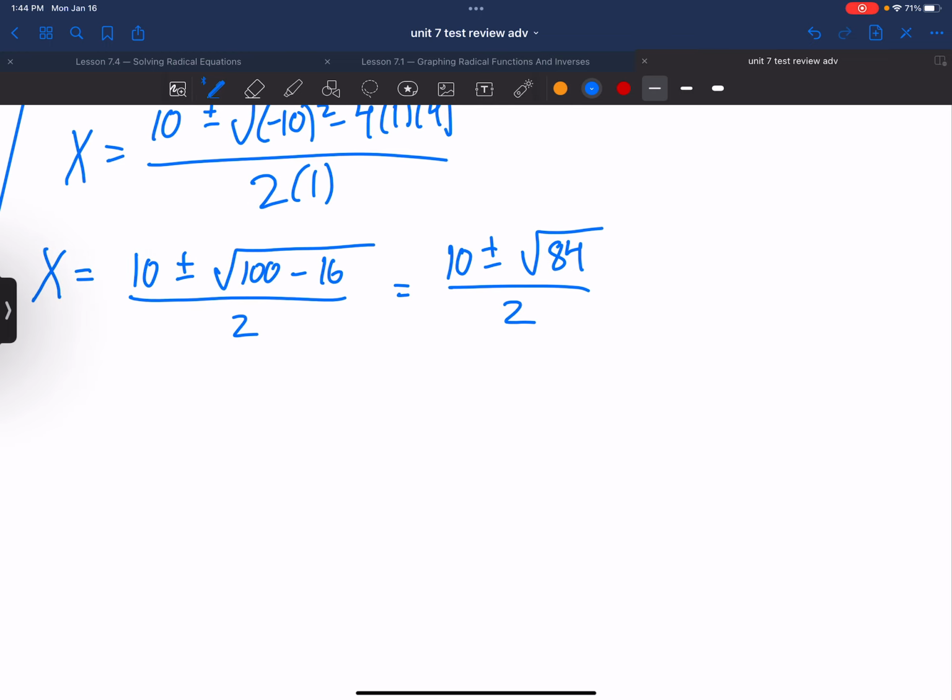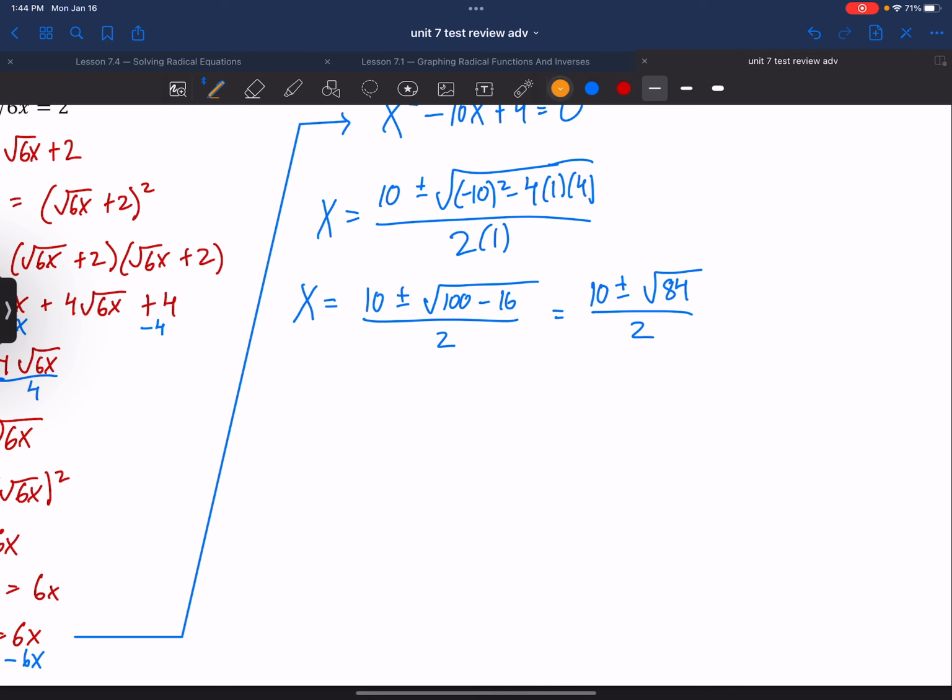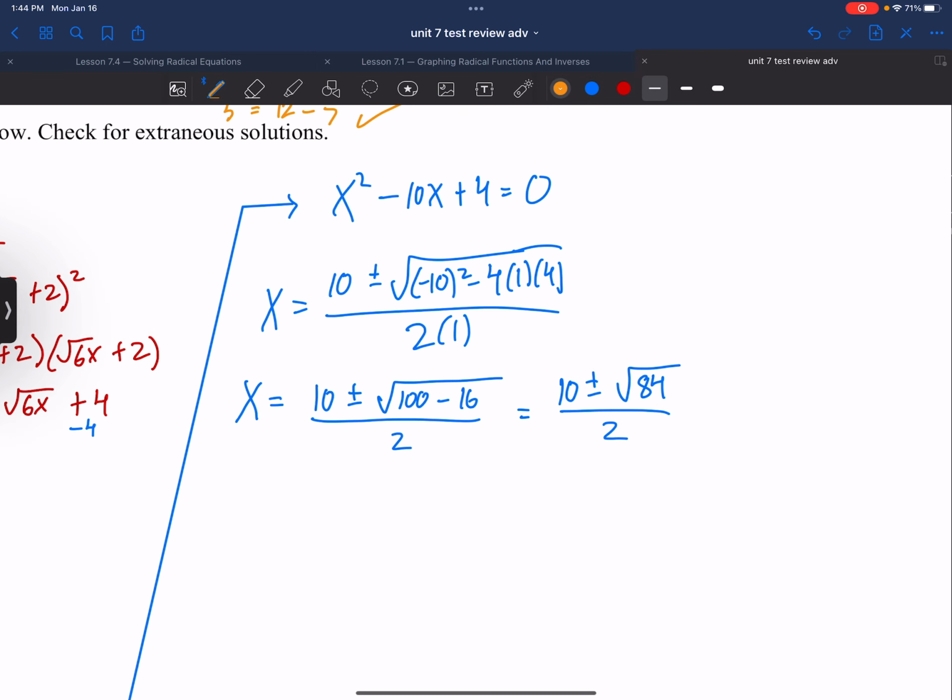Well, let's look at that. Let's simplify that. Root 84. Oh, sorry, I'm holding my iPad wonky. Well, that's root 4 times 21. So that's 2 root 21.